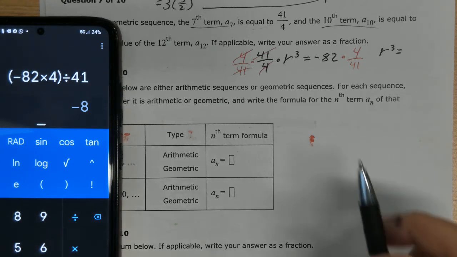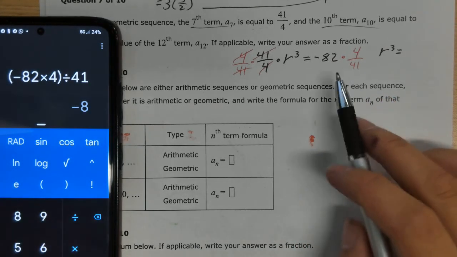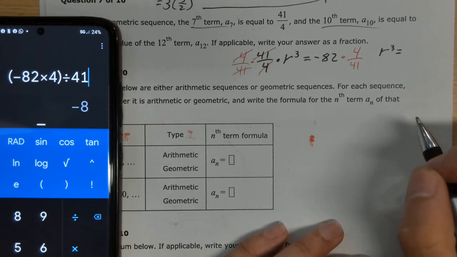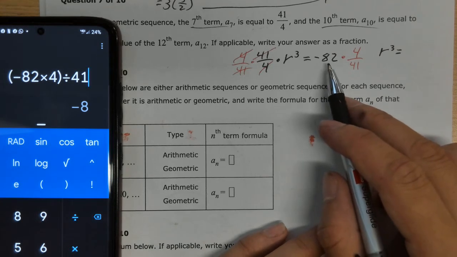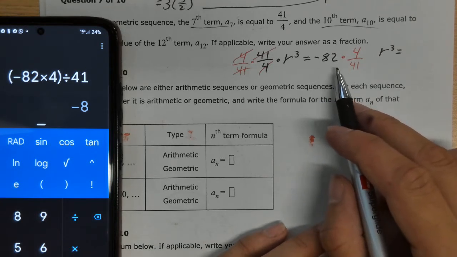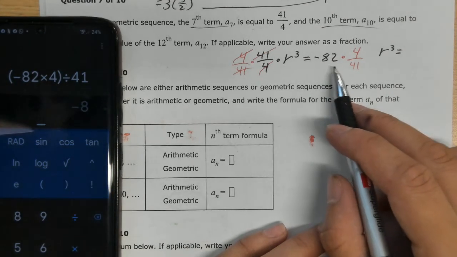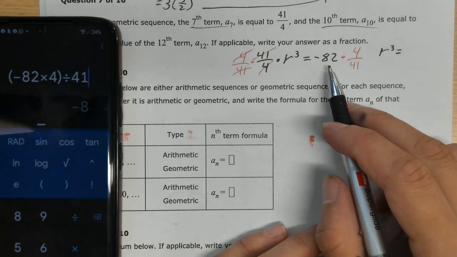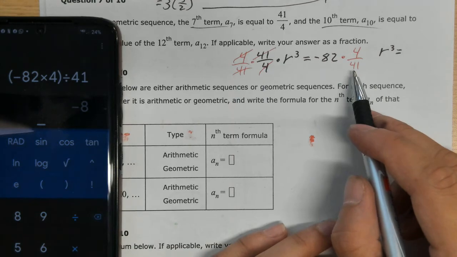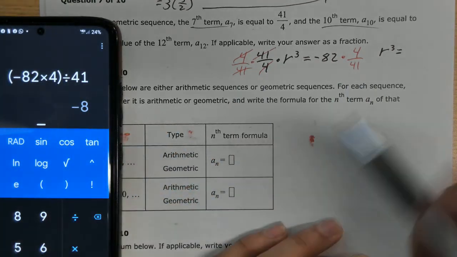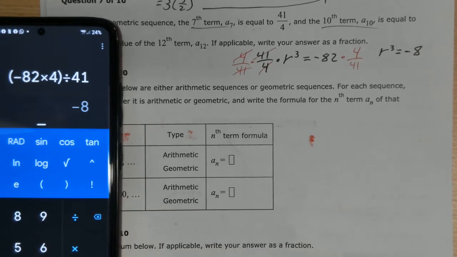After multiplying negative 82 times 4 and then dividing by 41, I get negative 8. So r cubed is minus 8.